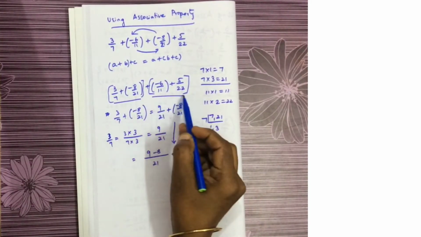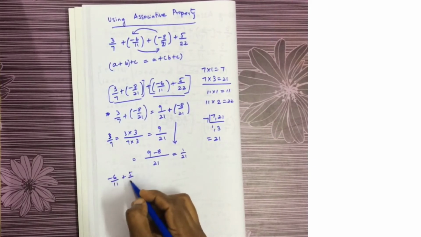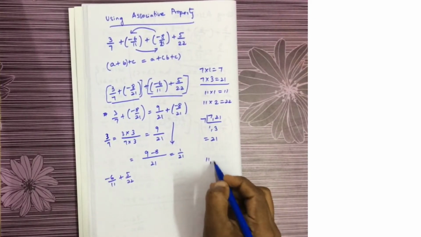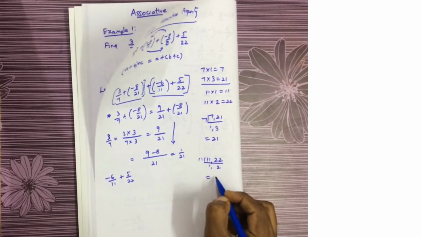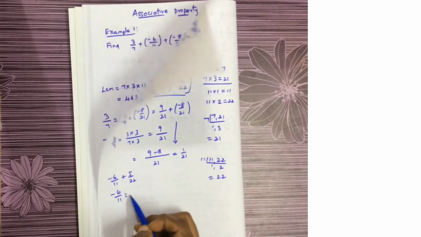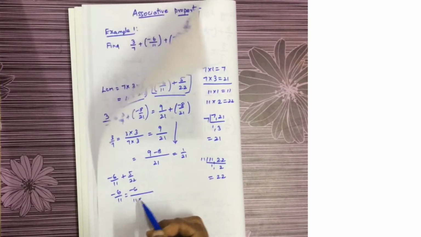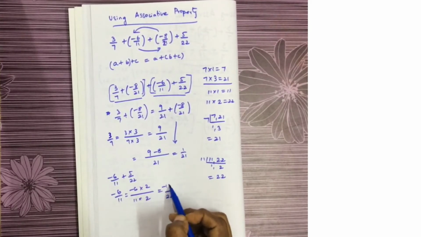Now we are going to do this for minus 6 by 11 plus 5 by 22. So 11 and 22: 11 ones are 11, 11 twos are 22. So the LCM is 22. Minus 6 by 11 becomes, over 22, minus 12.